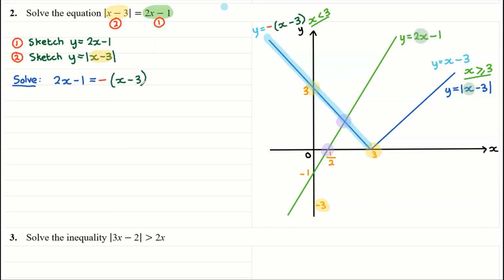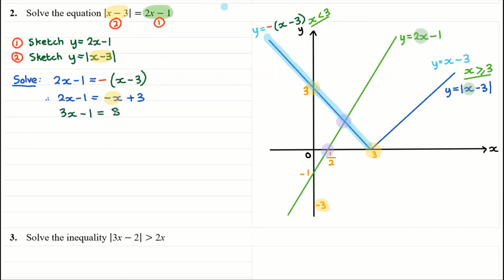So now we've done all that work, this is all we have to do now is to solve this. So next step, we're going to expand the bracket on the right hand side. So therefore 2x subtract 1 is going to equal negative x plus 3. Now I'd quite like to clear that negative x on the right hand side here. So I'm going to add x to both sides. So this is going to give me 3x subtract 1 is equal to 3.